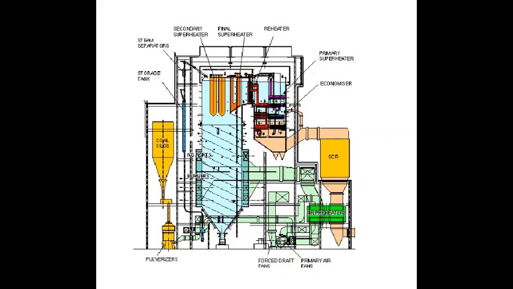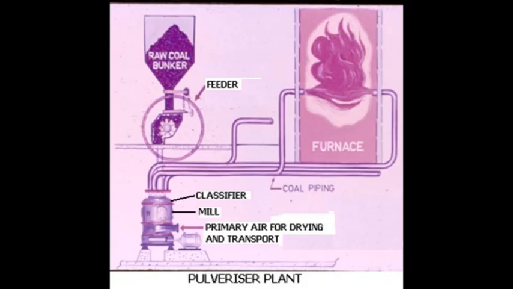A coal mill is equipment which grinds the coal just like fine talcum powder. We feed the coal into the coal mill from the raw coal bunker through a coal feeder. A coal feeder is placed between the raw coal bunker and the coal mill, and the amount of coal to be sent to the boiler is determined by this coal feeder.